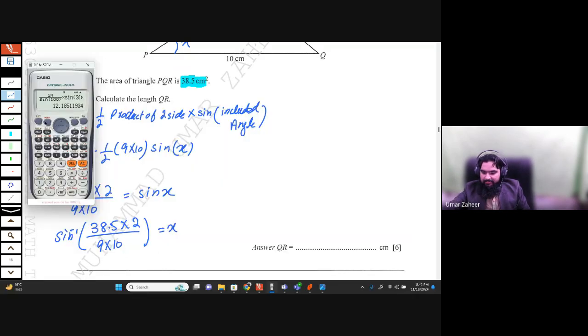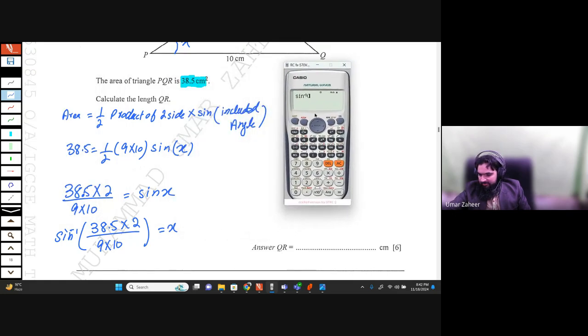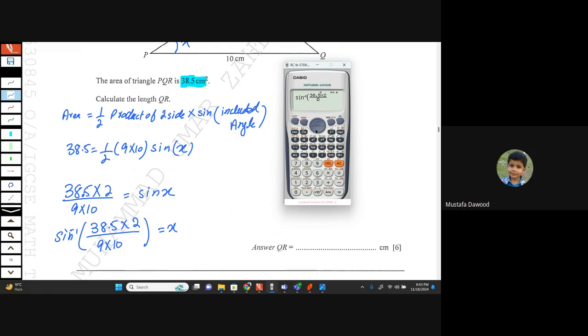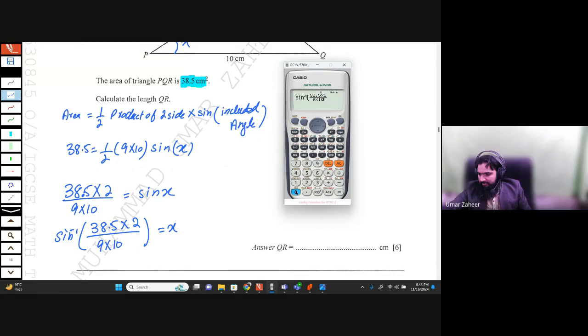Yes, please find the value. So 58.82. 58.82. Okay. Yes, any other one? Please confirm the answer.